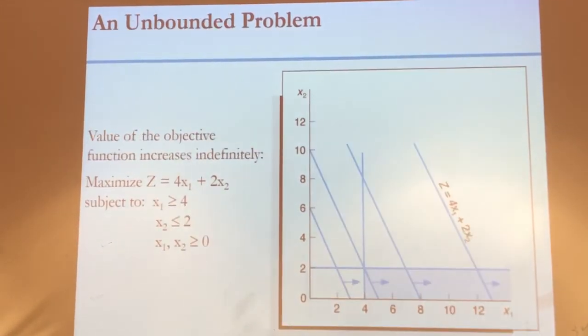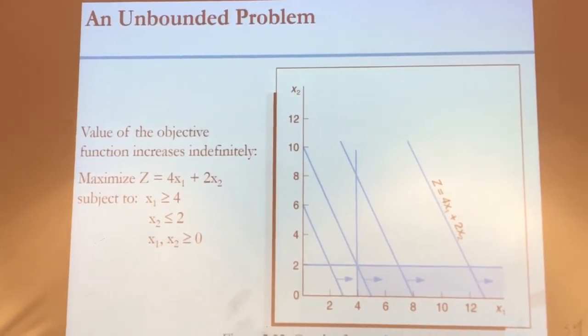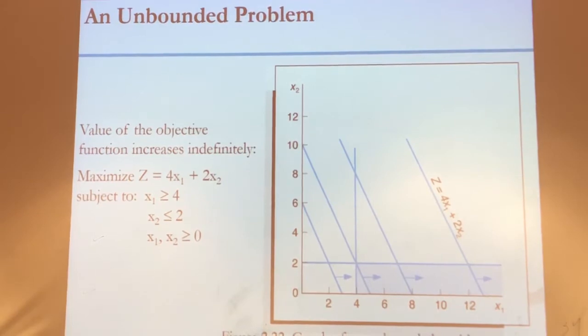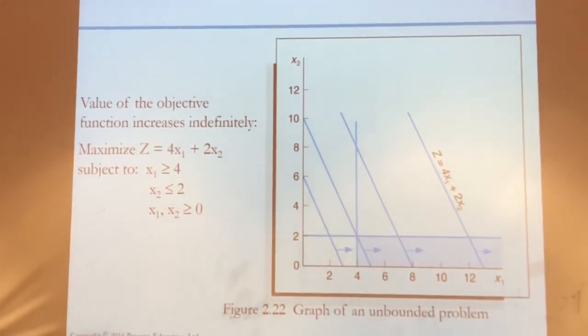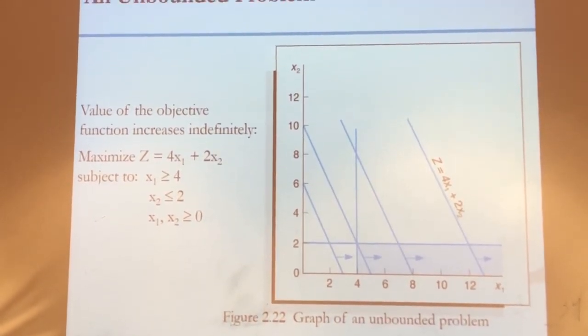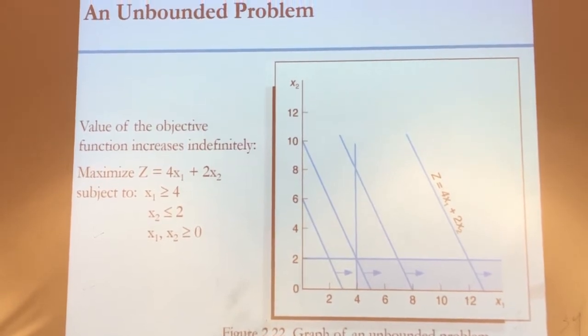And the third irregular case is unbounded solution. Unbounded problems occur only in maximization problems. Please note, unbounded problems occur only in maximization problems.